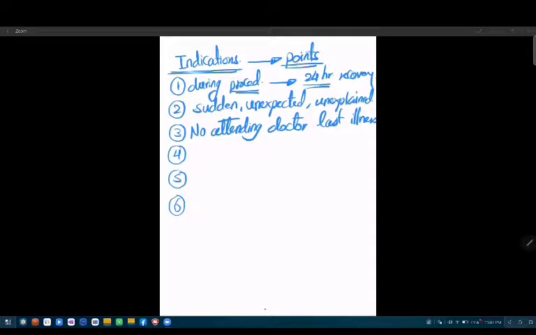Another example: if the patient did not see his physician or his doctor for the past 2 weeks, a fortnight.